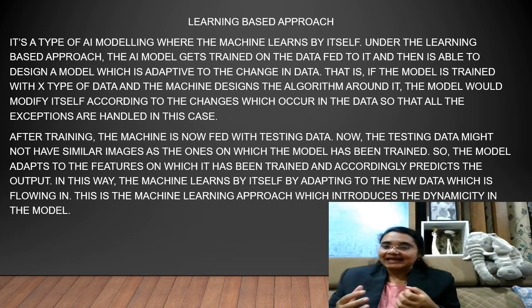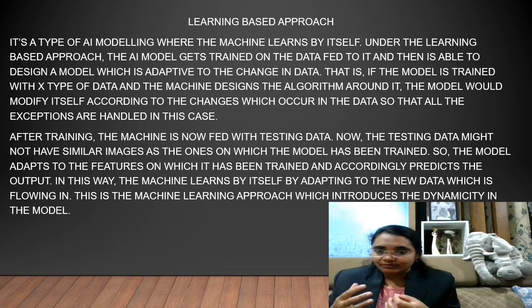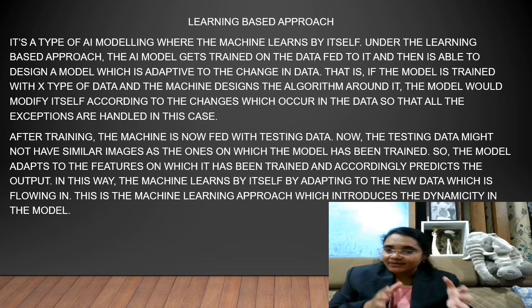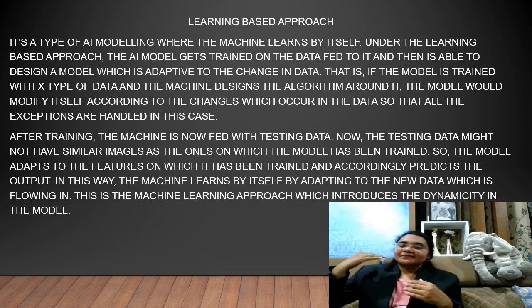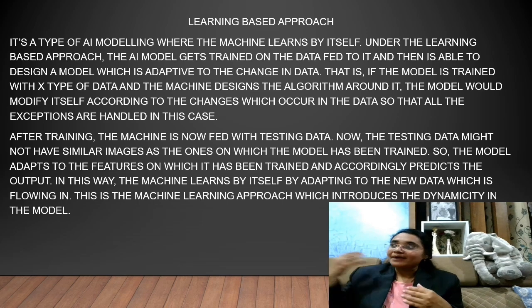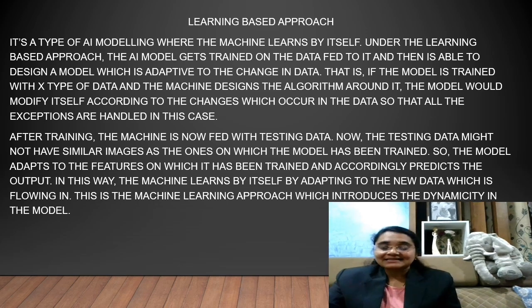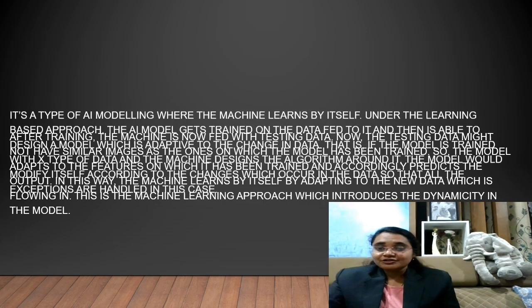The machine learns automatically by seeing the environment. It does not only do what the programmer says, it also learns some more options on its own. That is called the learning based approach, which we see in modeling.